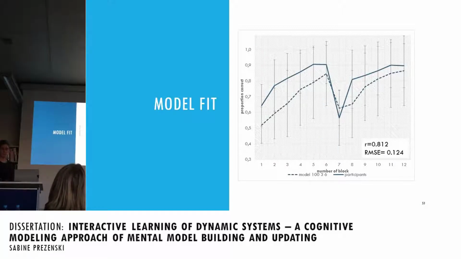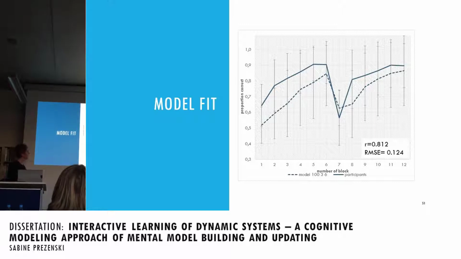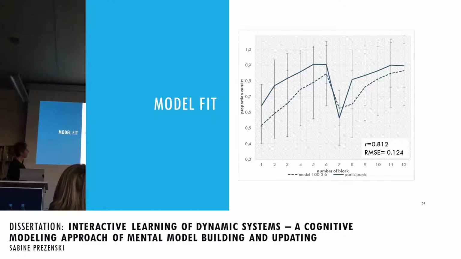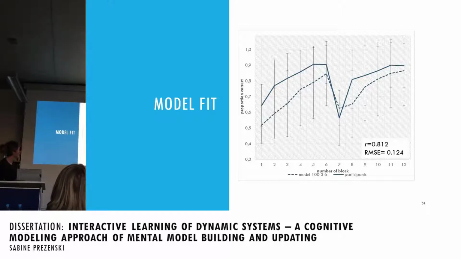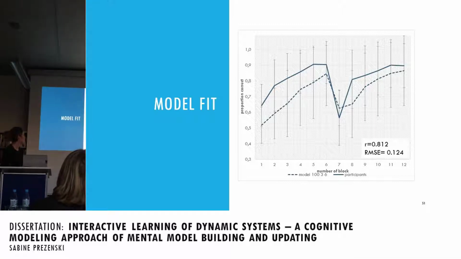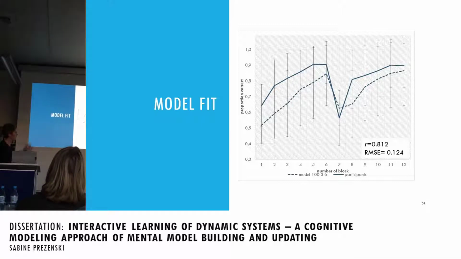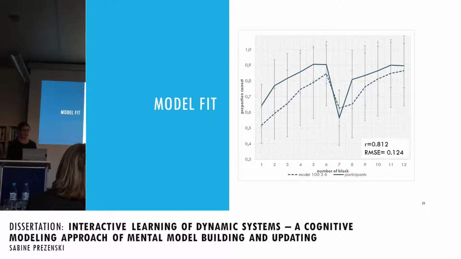So how well does this model fit the data? What we have here is the straight line, which is the empirical data, and the dotted line, which is the model data, and we also have a large variance in the model and in the empirical data.